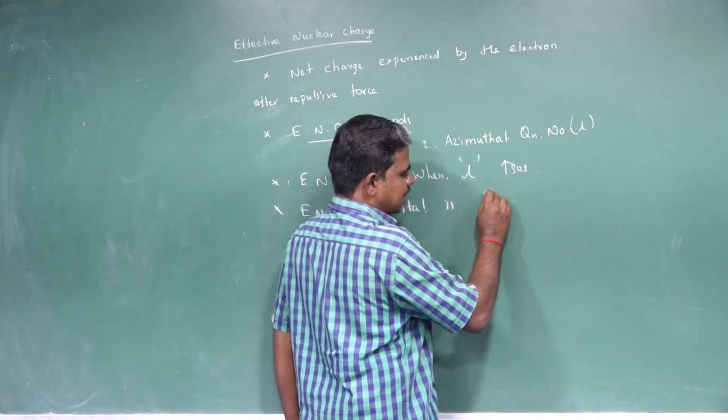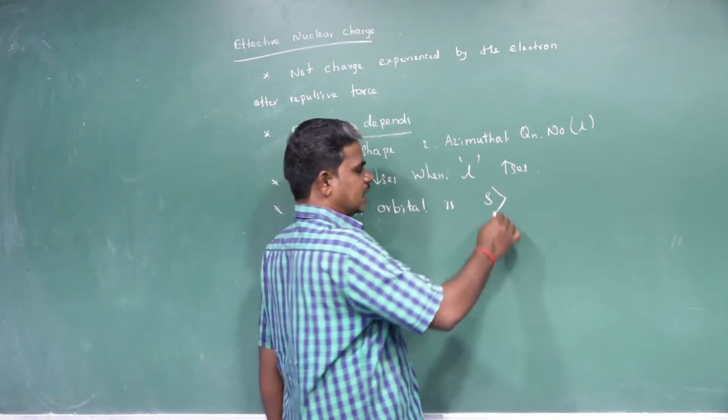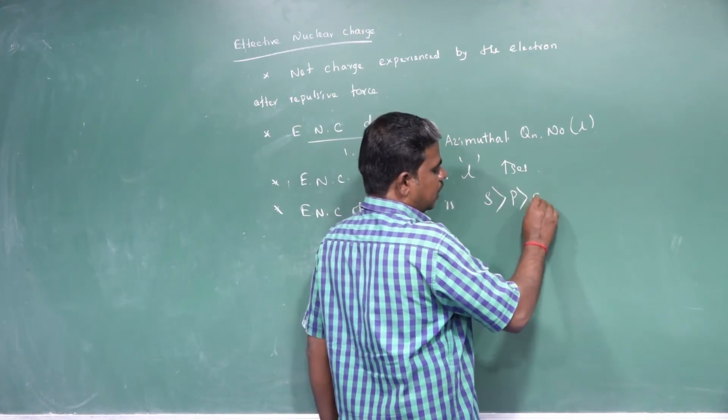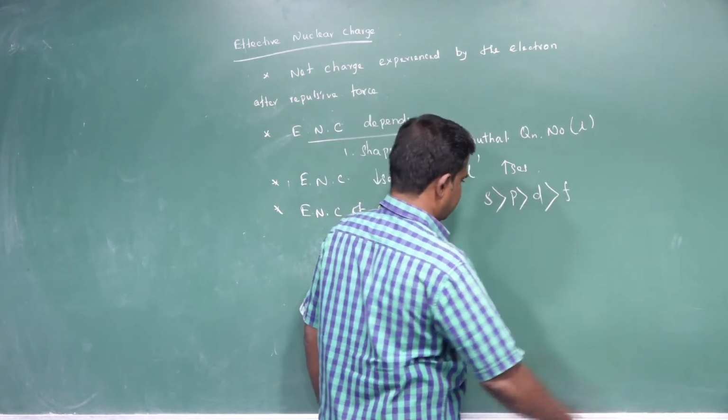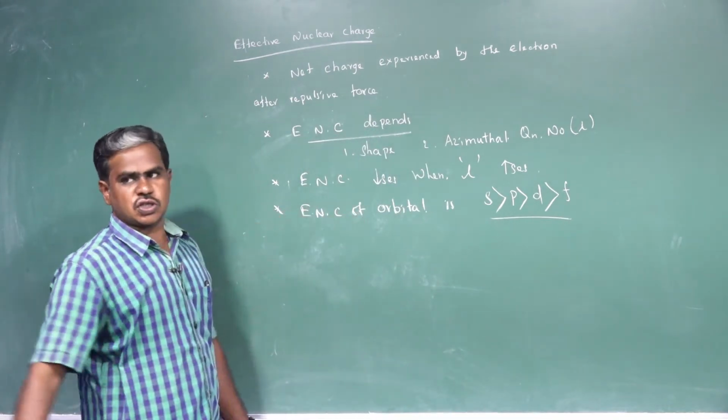So the s orbital has greater effective nuclear charge than that of p, d and f, and that is the order of effective nuclear charge.